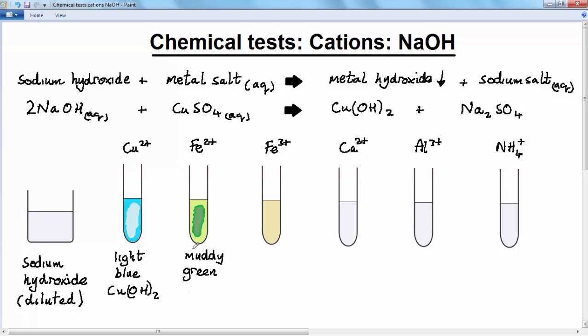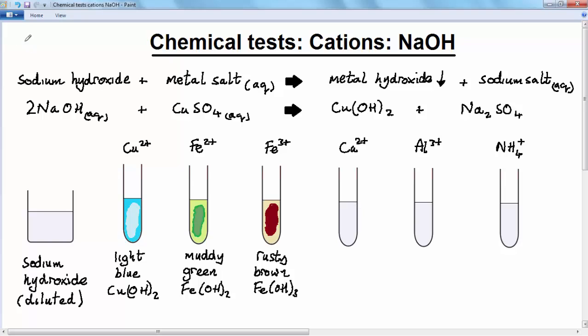So that's the iron hydroxide precipitate, Fe(OH)2 for the Fe2+ ion. When sodium hydroxide is added to an Fe3+ solution, we get a rusty brown coloured precipitate. That'll be Fe(OH)3, because this is the iron 3+.